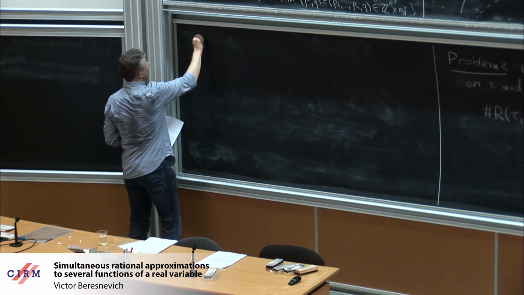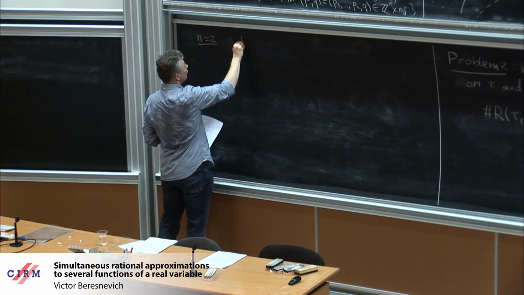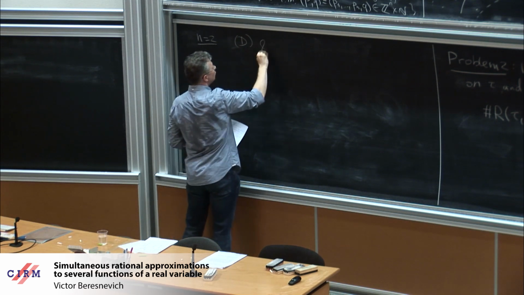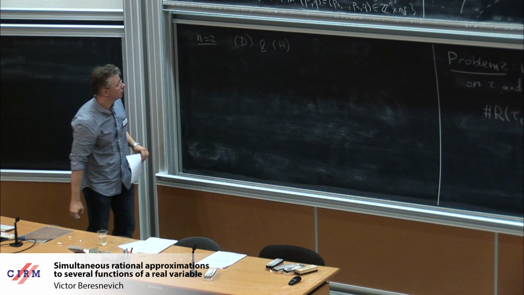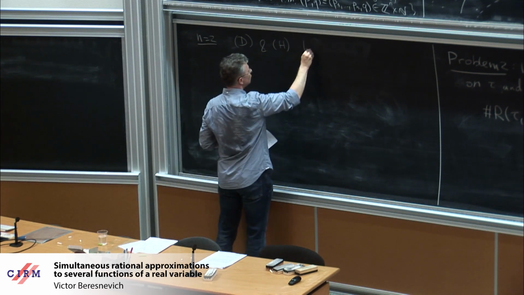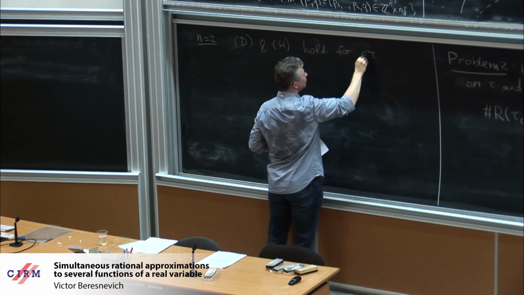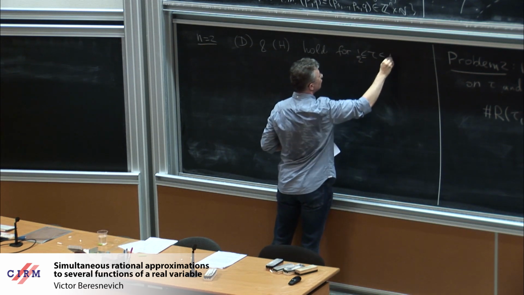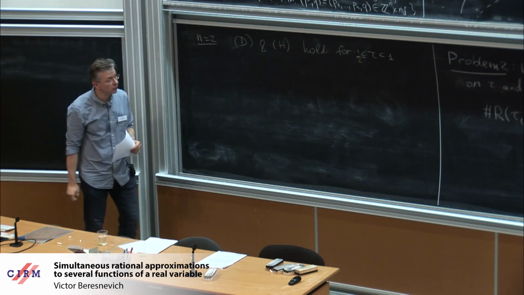So basically in dimension 2, we know everything about both problems. So D and H hold for tau between half and 1, and 1 is the best you can get.